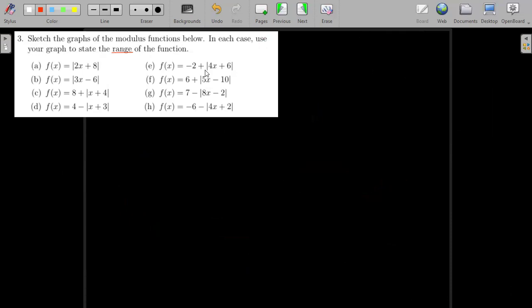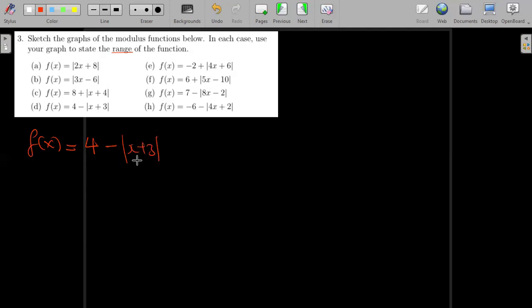Alright, so D also has a vertical shift, and it's positive, as you can see. So it's moving in the positive. The shift is in the positive y-axis. When you say a number here, vertical shift, you're talking of the y-axis. So that, minus modulus of x plus 3.